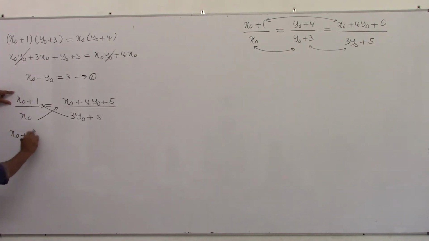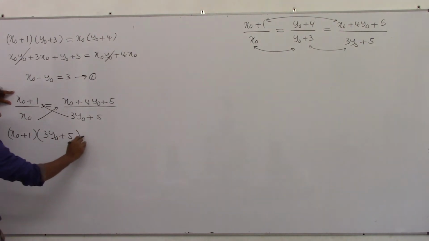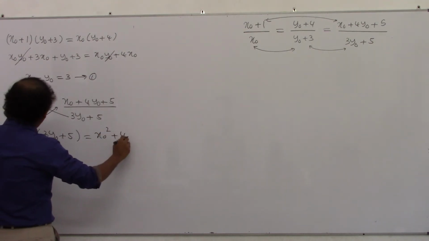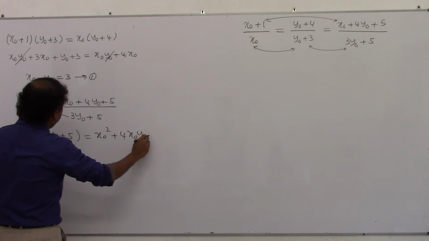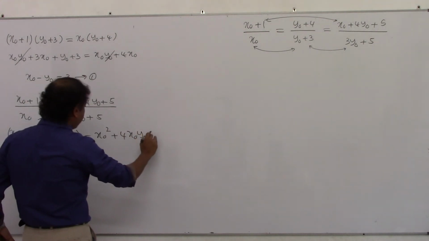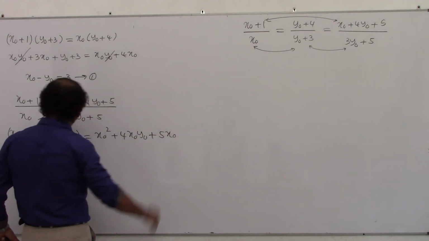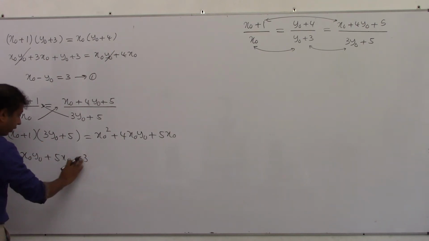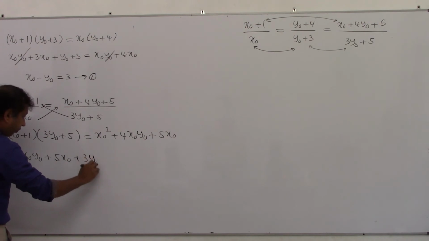x naught plus 1 times 3y naught plus 5. And here we get 3x naught y naught plus 5x naught plus 3y naught plus 5.